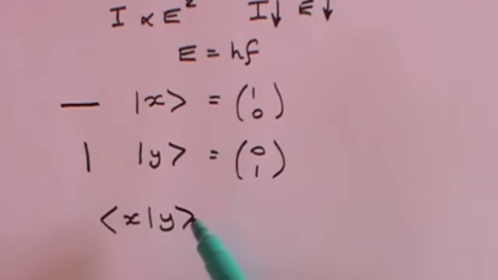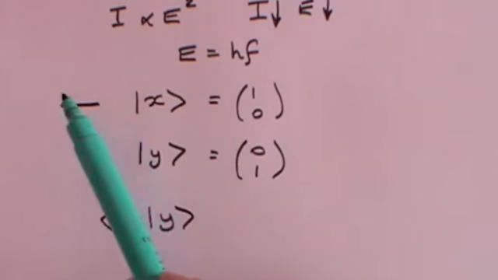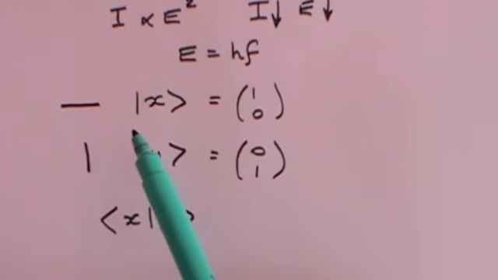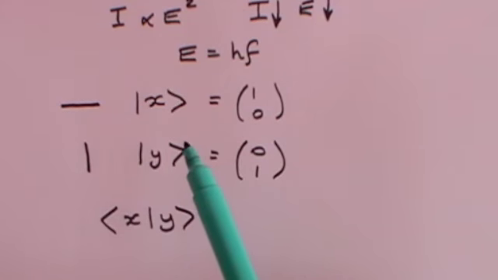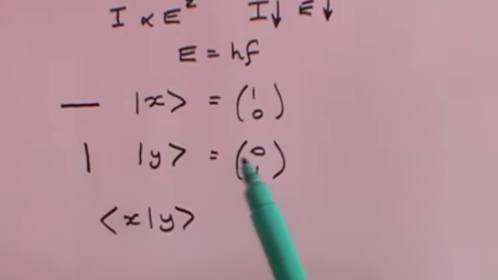What it means is if I prepare light in the y state, that is to say, I prepare it in the vertically polarized state, what are the chances of it going through an x polarizer, that is, a horizontal polarizer? Now we already know the answer to that. If you prepare it in the vertical state and try and put it through a horizontal polarizer, nothing will get through. So we know the answer experimentally, and we know the answer classically. So this has got to come up with the same result.